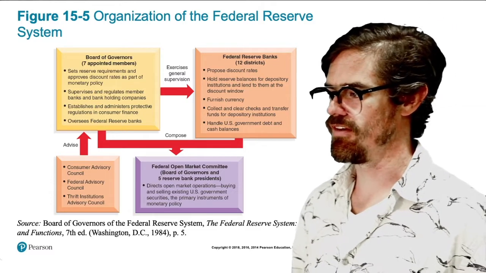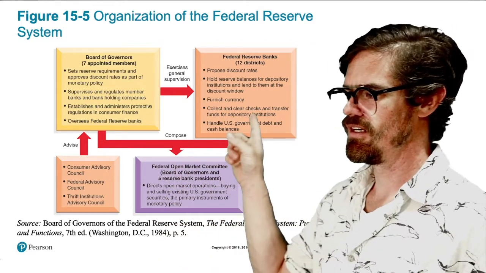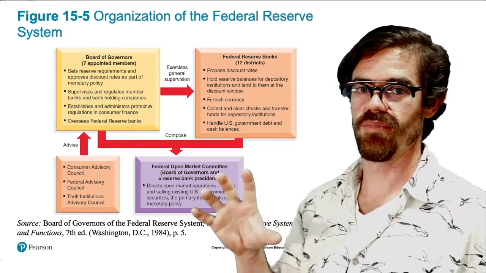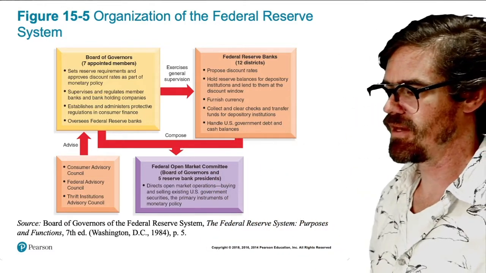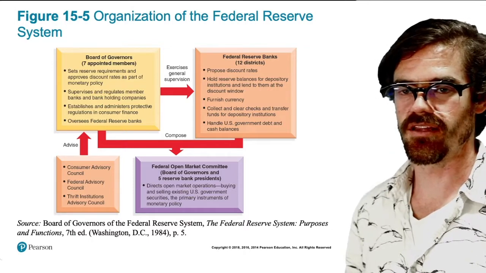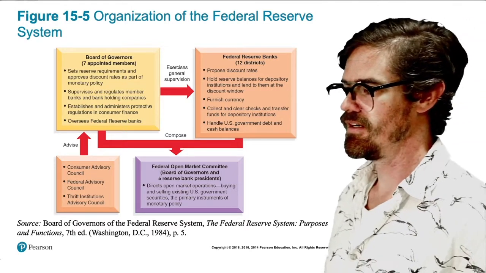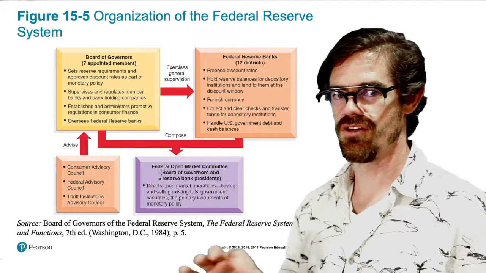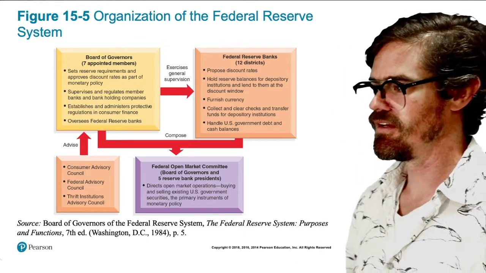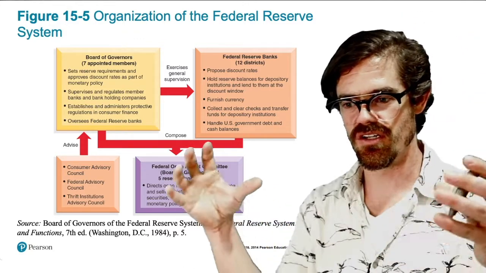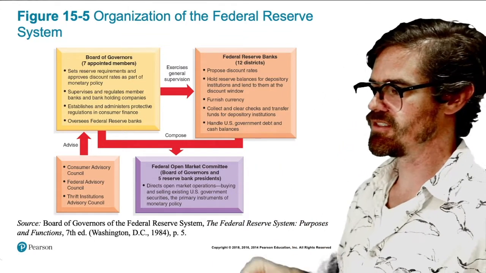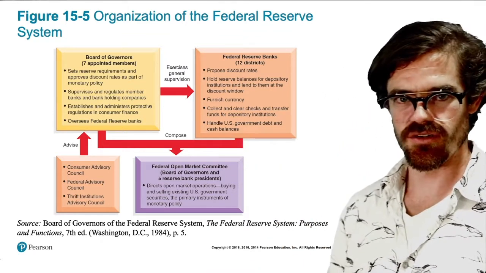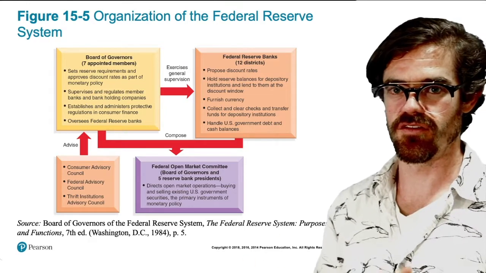In fact, I think they've consolidated this into just the bank here in Atlanta. I think the bank in Atlanta is the only central bank that still does this. Written checks are kind of on their way out, so I think that's why they've consolidated it into one bank now. And they also handle U.S. government debt and cash balances, right? So again, the bank for the federal government.